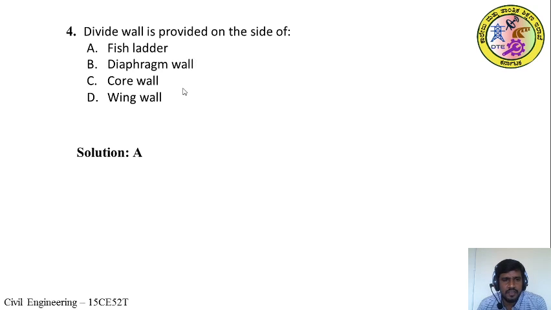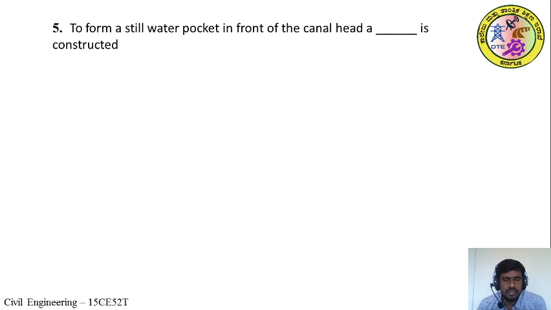Okay, let's move to the last question of this session, the fifth one. To form a still water pocket in front of the canal head, a dash is constructed. To form a still water pocket. Okay, let's see the options.